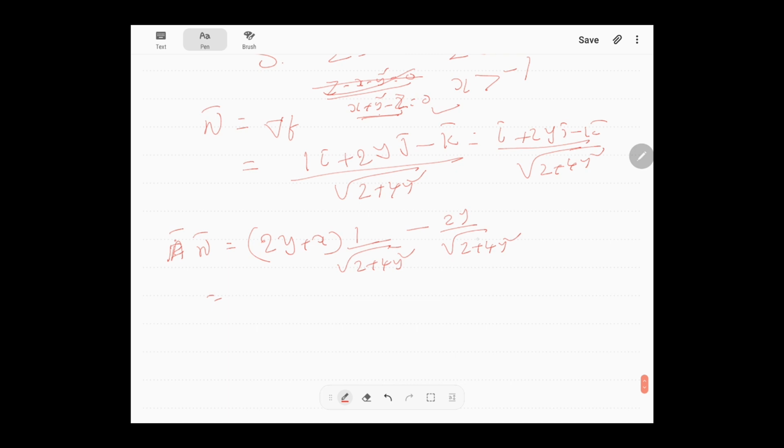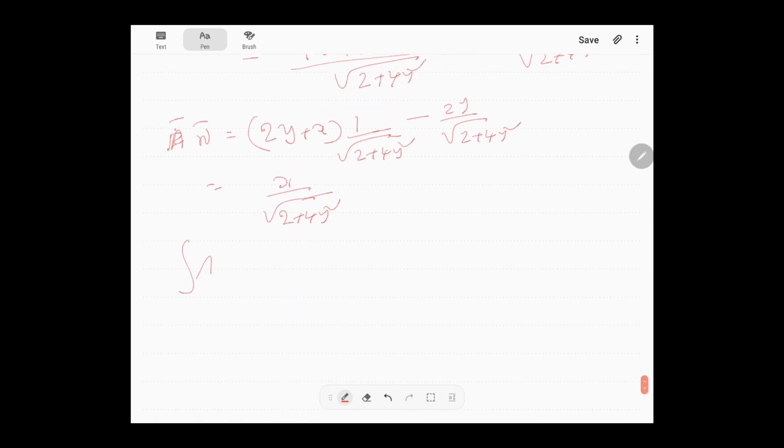If I simplify this, 2y and minus 2y get cancelled and I am left with x by root 2 plus 4y square. This is my a bar dot n bar. Now I need to find the surface integral of a bar dot n bar ds. That is a double integral over R, where a bar dot n bar is x by root 2 plus 4y square.